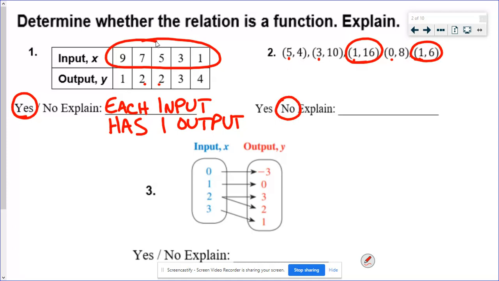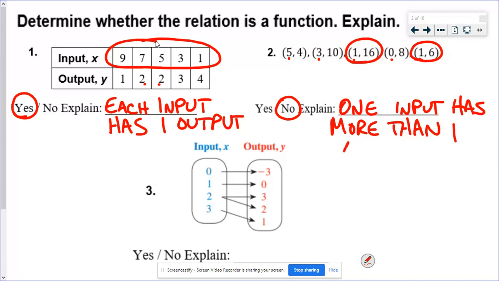So this is no, because one of the inputs has more than one output, or not each input has one output. Or you could have said one input has two outputs, something like that.